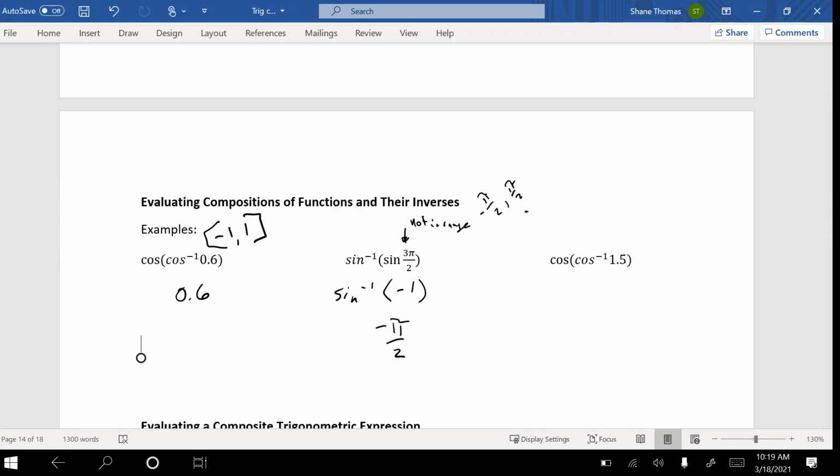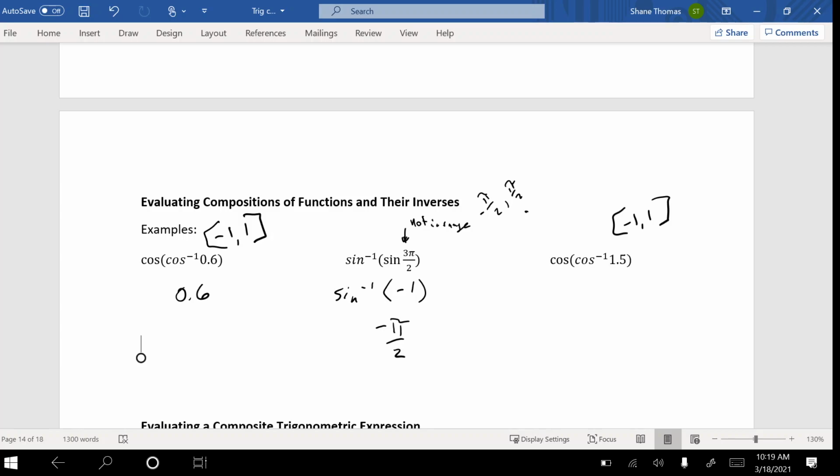On this one, we have the cosine of the inverse cosine of 1.5. Now, is this within the range of -1 to 1? It is not. Do we have a way to figure out the inverse cosine of 1.5 as it sits? No, it's not on the unit circle.